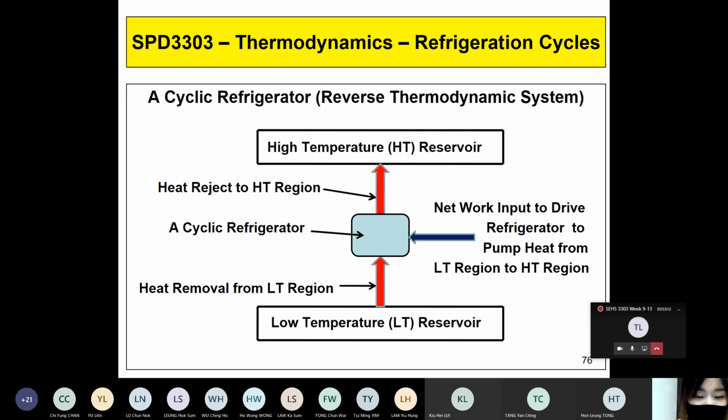I want to talk to you about that film because in the refrigeration cycle, the main function of the refrigeration is to remove heat from the low temperature region and reject heat to the high temperature region. In nature, you know that will never happen, right?